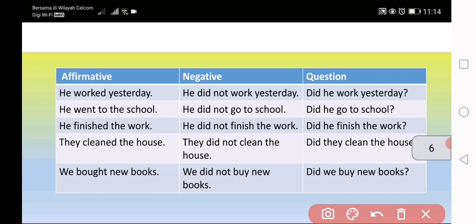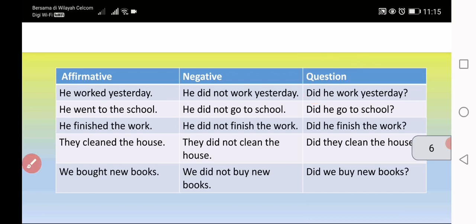Okay, we look at the situation. Kita tengok situasi dia. Sesuai ke tak? In this situation, no need to add what or why or who. So, the most suitable word is did. So, you just add did: did he work yesterday? Adakah dia bekerja semalam? So, kamu tengok sini kamu tambah did, dia sama konsep. Did he work yesterday? Kena guna base form sebab apa? Sebab ada did. Kita ambil daripada ayat ni lah.